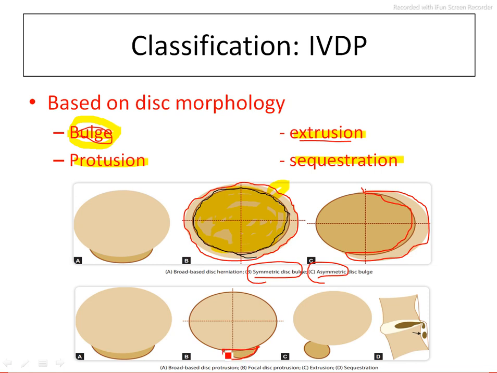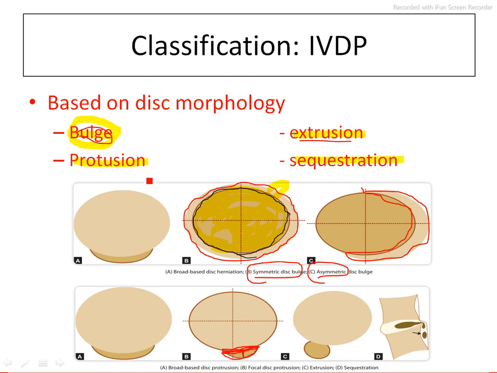So how do you define it? Look at the base: when the base transverse diameter is greater than the AP diameter, then it is extrusion. So the base is broader, basically what I mean to say.